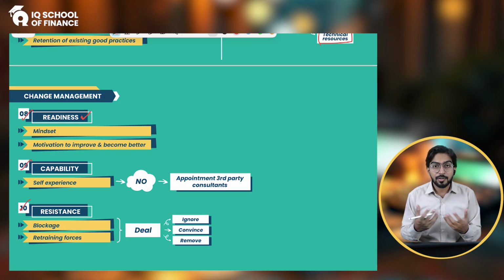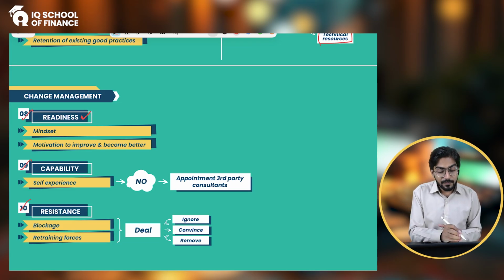So that's the mindset of your stakeholders. You need to understand this, that by nature which mindset they have. And if they are too stringent and too opposing to the change kind of mindset, then you will face difficulties, right? So you have to check the mindset, motivation of the employees or the stakeholders, their motivation to improve and become better.